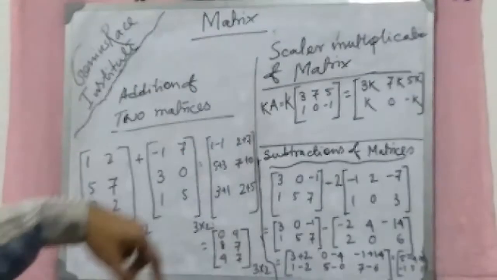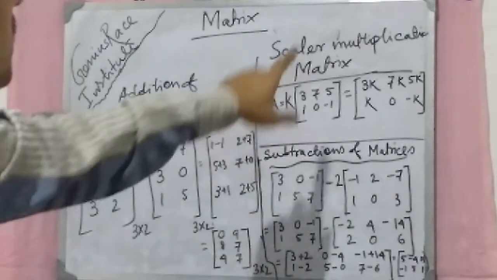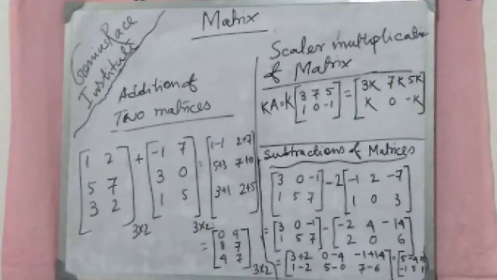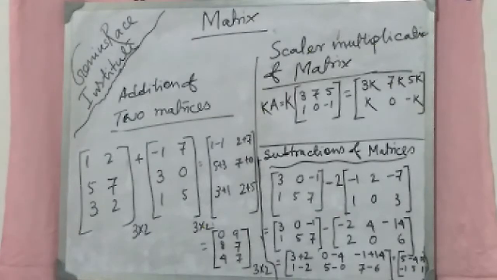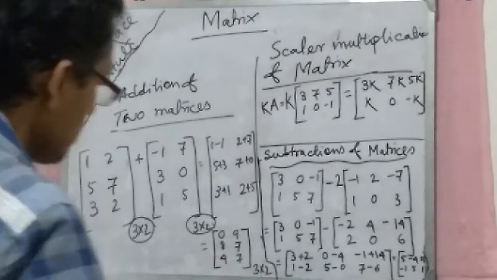So in this section we are going to explain addition of matrices, scalar multiplication of a matrix, subtraction of matrices. So here two matrices are given, matrix addition. Really very simple thing: before we conduct the matrix addition, one thing we should notice, whether the two matrices are of the same order or not.